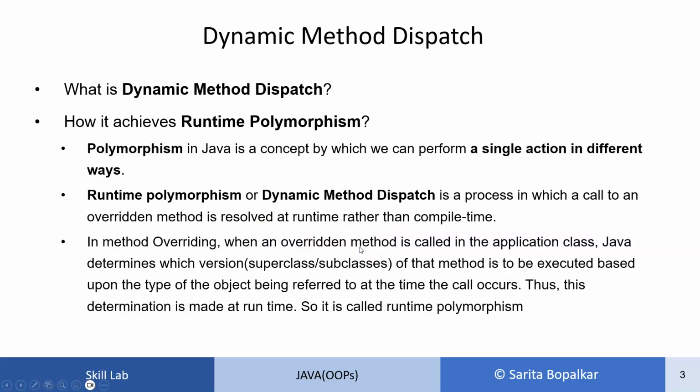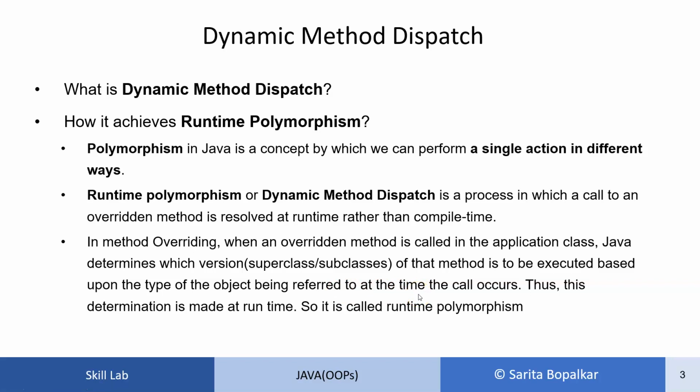What does this mean? We know in method overriding, when an overridden method is called in the application, Java determines which version, superclass or subclass method, is to be executed based upon the type of the object being referred to at the time of the call.